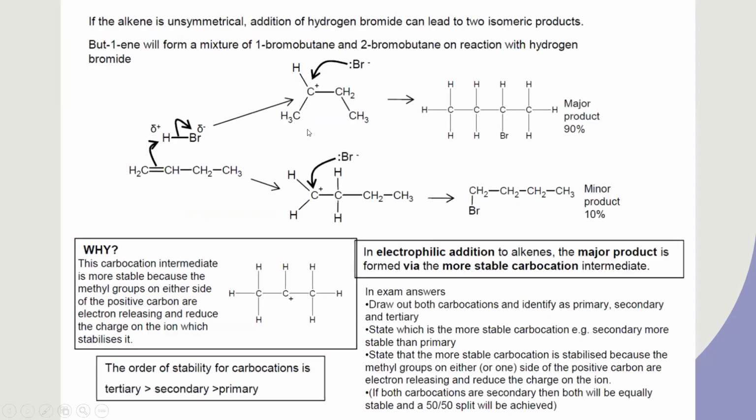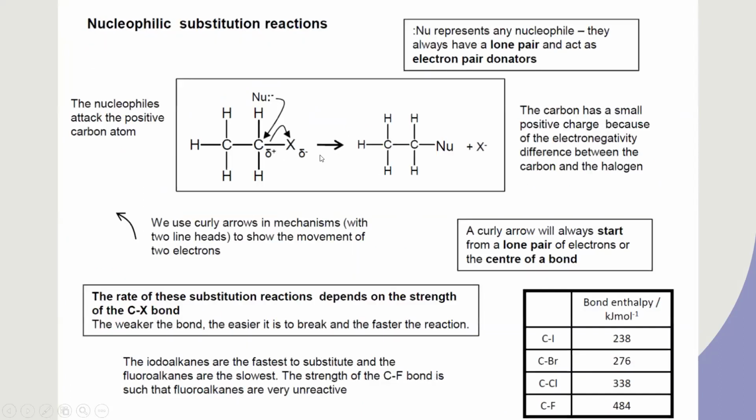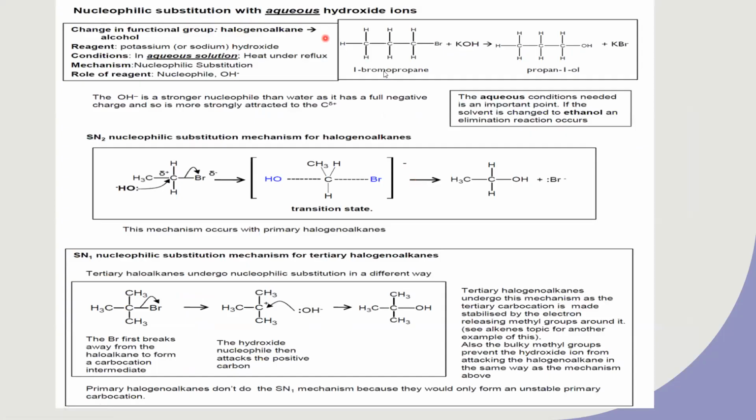Then the next is nucleophilic substitution reaction. Nucleophilic substitution reaction, like that in halogenoalkanes, is SN reaction, and it can be SN2 or it can be SN1. So in a nucleophilic substitution reaction, it occurs in aqueous potassium hydroxide, and the halogenoalkanes will convert into alcohol.